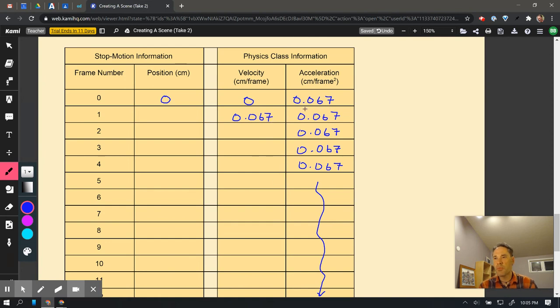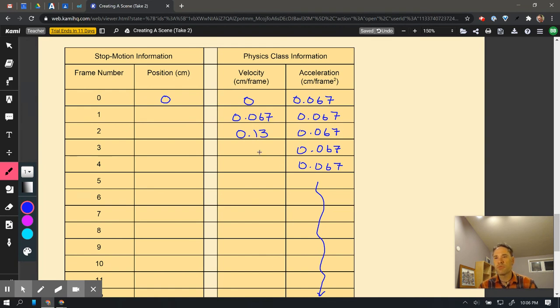And then if I speed up by another 0.067, I'm just adding on this new amount to it, which is kind of doubling it at this point, but it won't be doubling as we go. So 0.067 plus 0.067 is, well, it's about 1.3 if we want to get close.